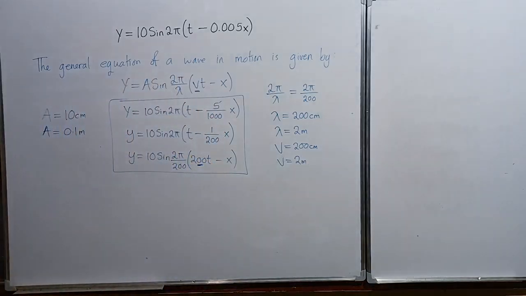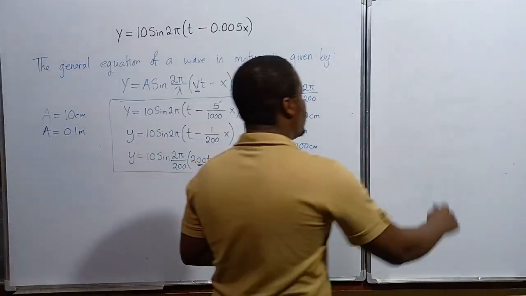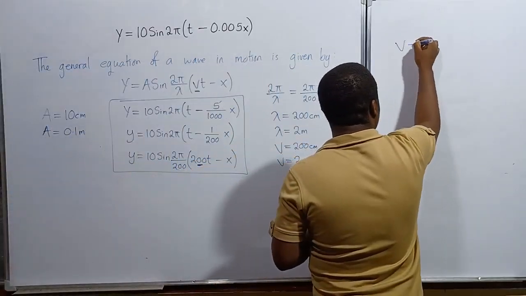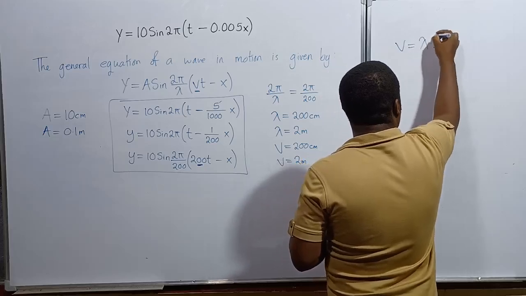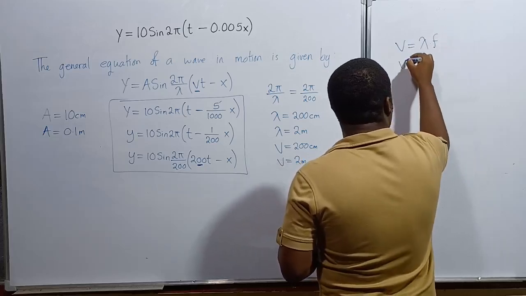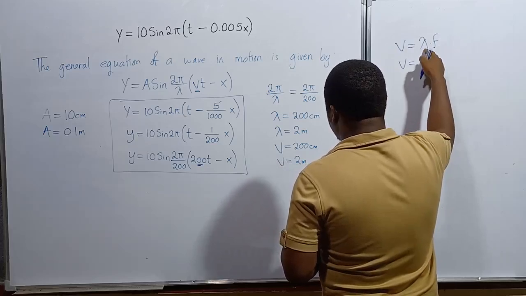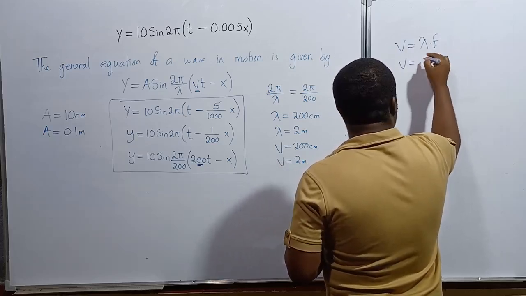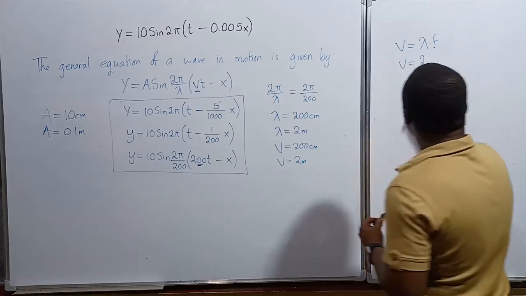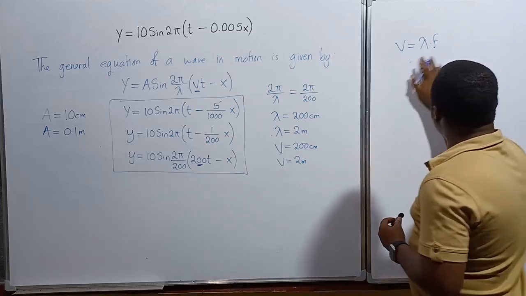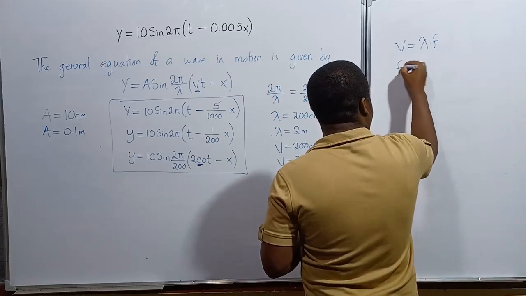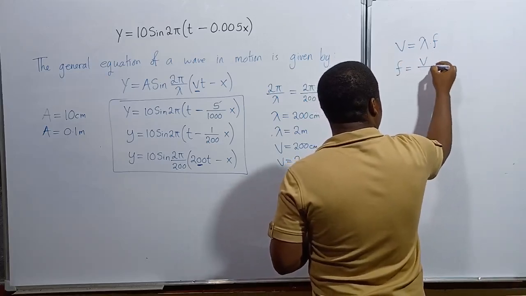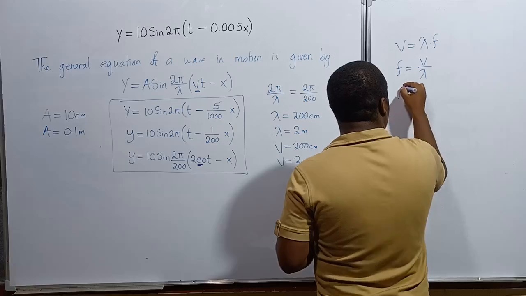Then, how do we find frequency? Using the formula for speed. We know that speed equals lambda times frequency. Let's make frequency the subject of the formula. So frequency equals velocity over the wavelength.